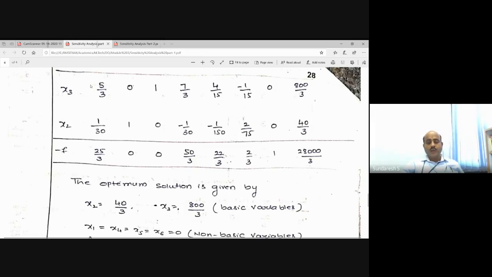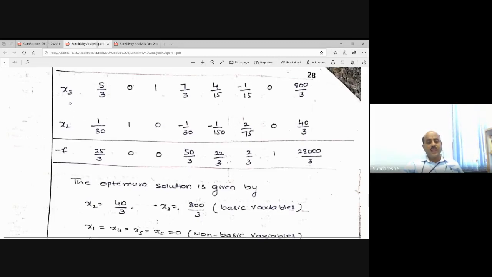The two basic variables at the end after stopping the pivot operation are x3 and x2. Once you stop the pivot operation, the variables existing in the basis will be considered as basic variables now, x3 and x2.